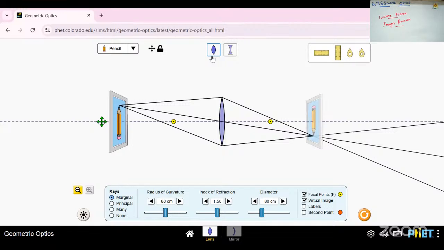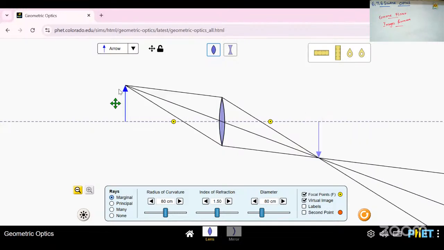With the help of the concave and convex lens, we can learn in the simulation how the rays pass through and how the image is formed. There are multiple rays, and different objects are available to select: pencil, penguin, star, arrow, and light.